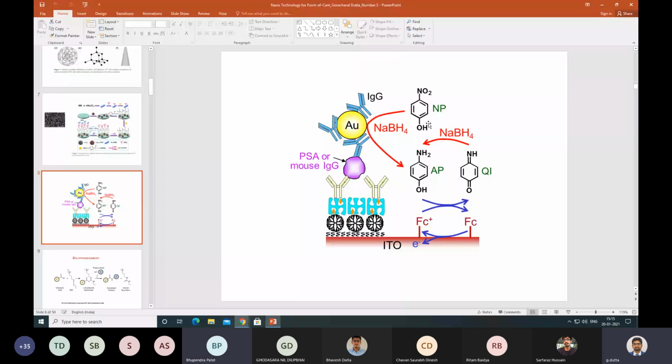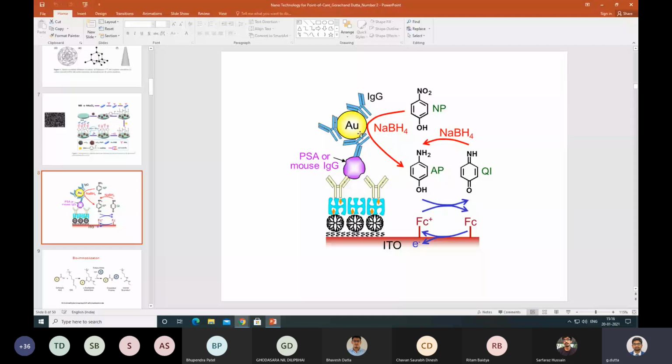So how can gold be immobilized on the surface? That is because of the antigen-antibody binding, right? If there is antigen there, then secondary antibody conjugated gold will bind, and then you will get gold. If there is no gold, then no reaction. If there is gold, then this conversion will be possible.